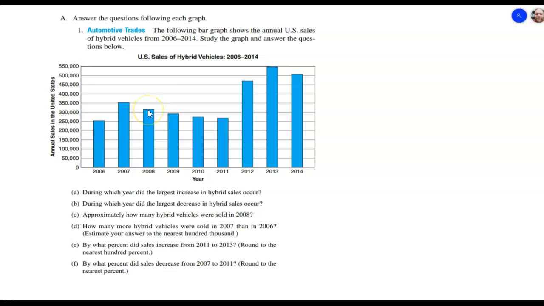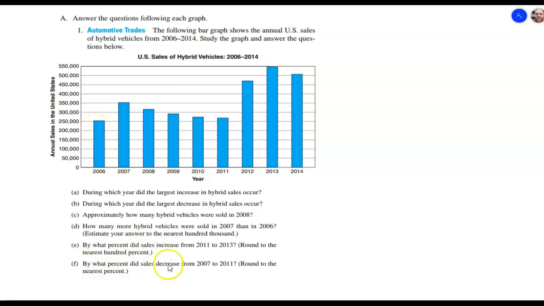So I would actually say like 320,000 for that one. How many more hybrid vehicles were sold in 2007 than in 2006? In 2007, we had about 350,000. In 2006, we had about 250,000. So it's about 100,000 more sold in 2007 than 2006.